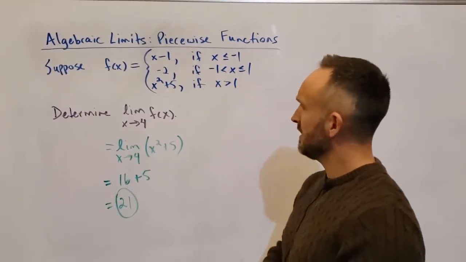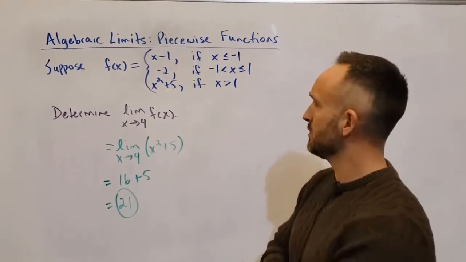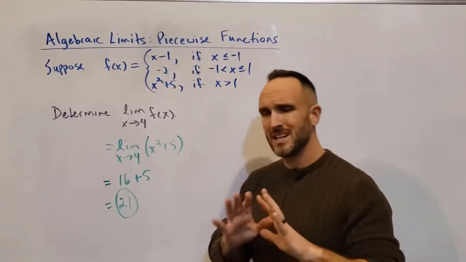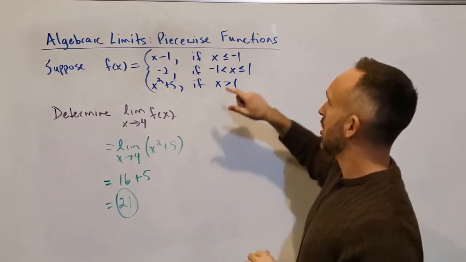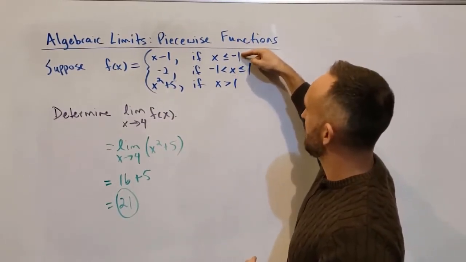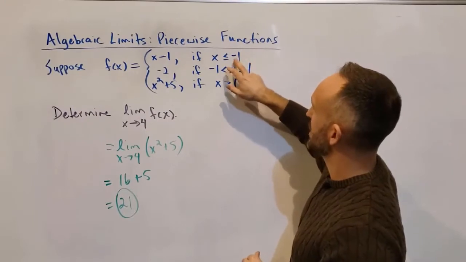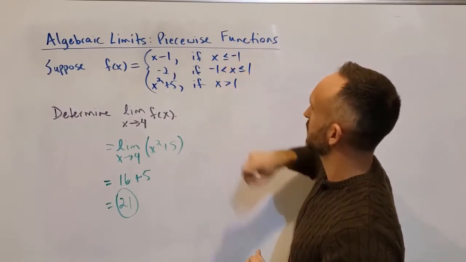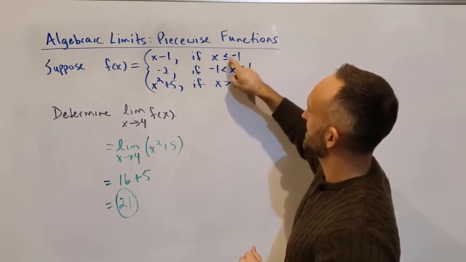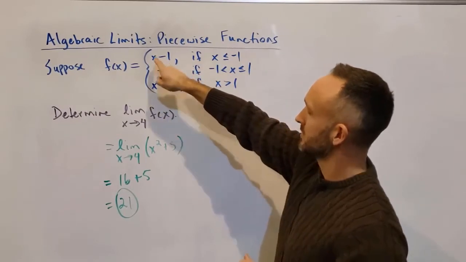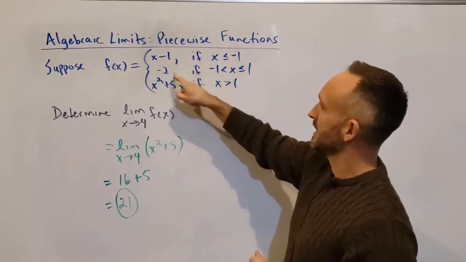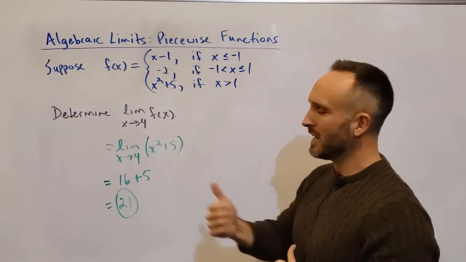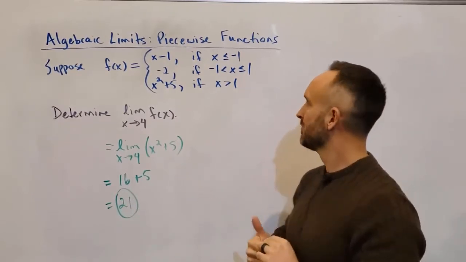And so the x values of interest here for this particular function, where unique types of things happen, are from the first output formula to the second output formula. That change happens whenever x is negative 1. If x is less than or equal to negative 1, we have this output, but if x is bigger than negative 1, we have this output. So negative 1 is an x value of interest.